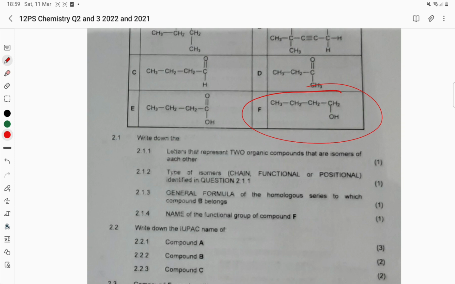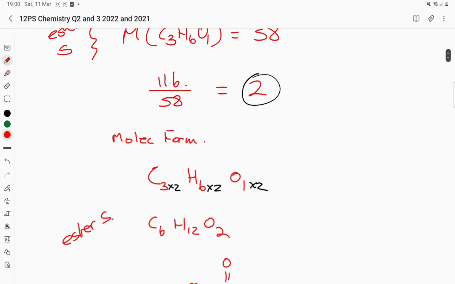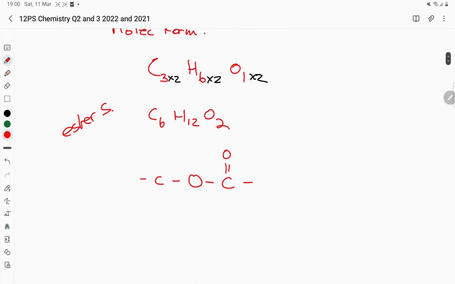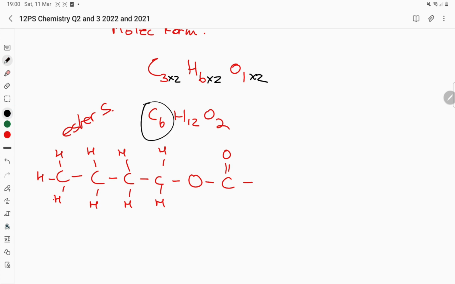And it's the alcohol portion which will be on the left of that oxygen. 4 carbons to the left. Right? So you have 4 carbons on the left, but how many carbons are there in this ester? 6. So we have 2 remaining, which will be on this side.